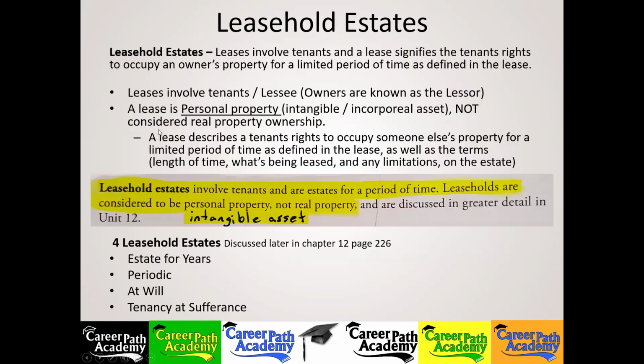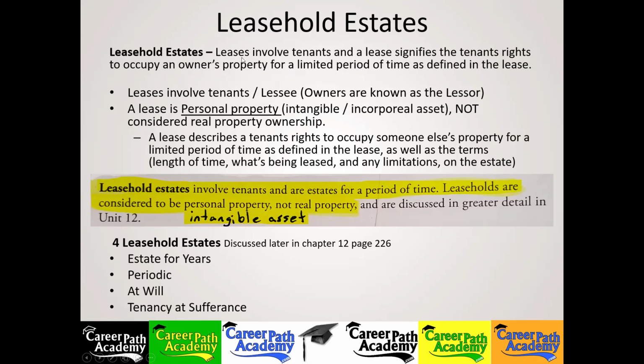And then just beneath that, they talk about leasehold estates before we get into anything. So we're going to highlight leasehold estates involve tenants for a period of time. Leaseholds are considered to be personal property and not real property because you don't own the real estate. And they are considered an intangible or an incorporeal, if you recall that word, asset. So what is a leasehold?